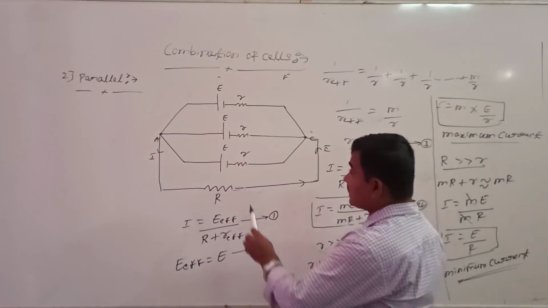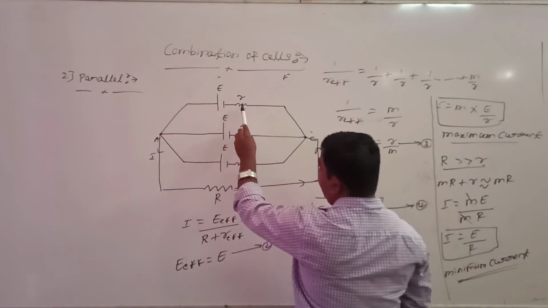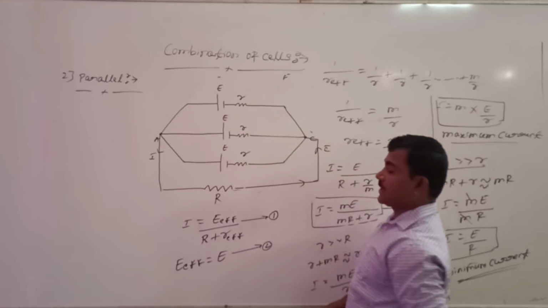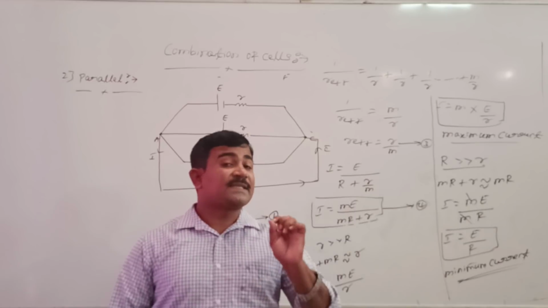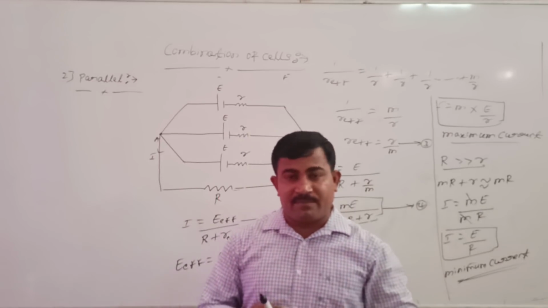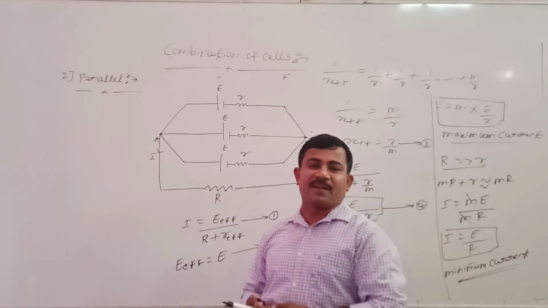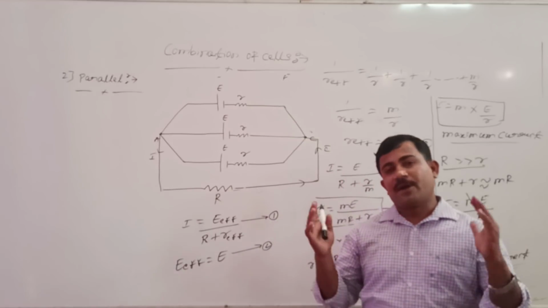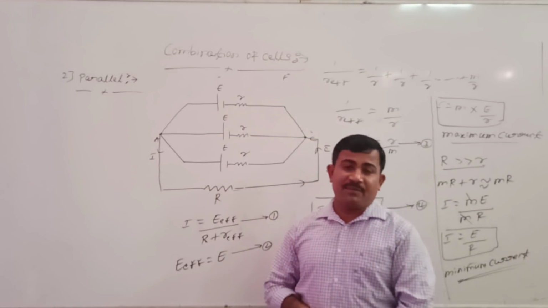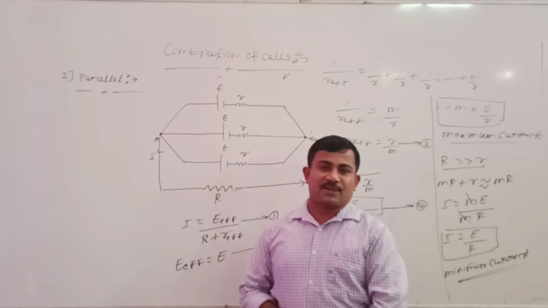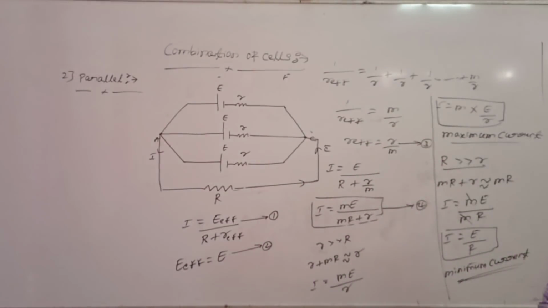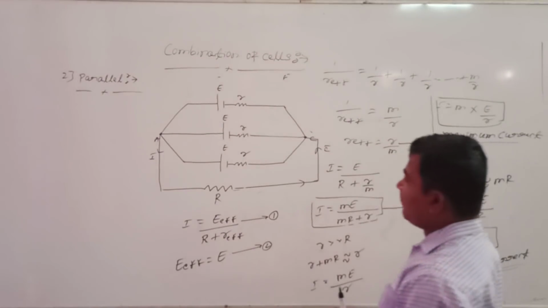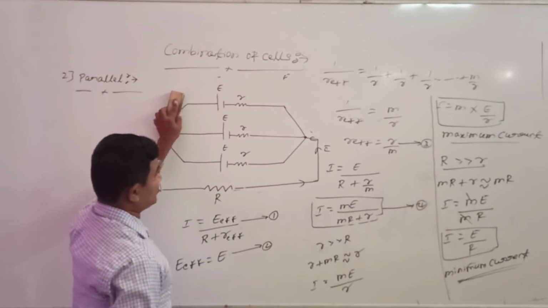The cells of equal EMF and equal internal resistance are connected. But if the cells of different EMF and different internal resistance are connected, then how to represent the effective EMF and terminal potential difference? That we will see, students. So let us take the cells of different EMF and different internal resistance.